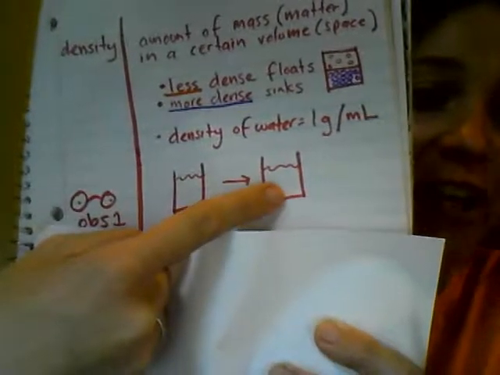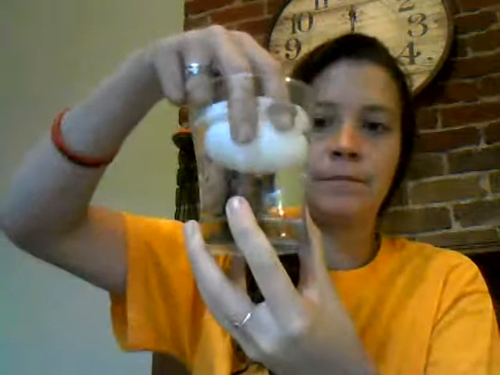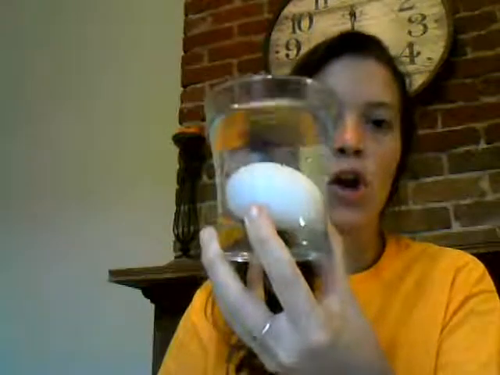So you're going to add your egg to this picture. In the second picture, you're going to draw what happens when I add this egg. Go ahead and draw your observation. What happens to the egg? Does it float or sink?